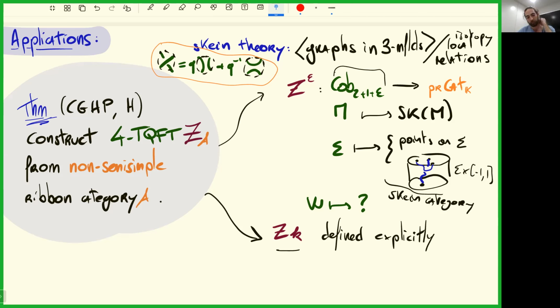But from this construction with these three people, it is kind of clear that we could read off the map assigned to the two handle, even if you don't close it up into a closed three manifold. So yes, you're right. There was something missing here, and it is going to appear pretty soon.